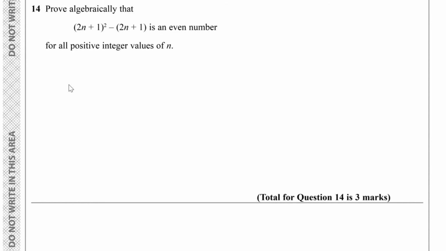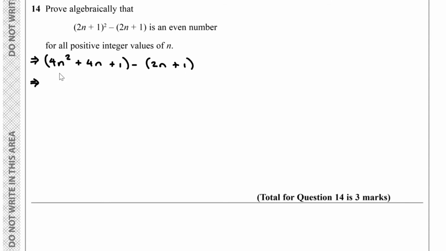Question 14. We have to prove algebraically that 2n plus 1 all squared minus 2n plus 1 is an even number for all positive integer values of n. So first of all, let's calculate 2n plus 1 all squared. If we work that out, we end up with 4n squared plus 4n plus 1, and then we subtract off 2n plus 1.